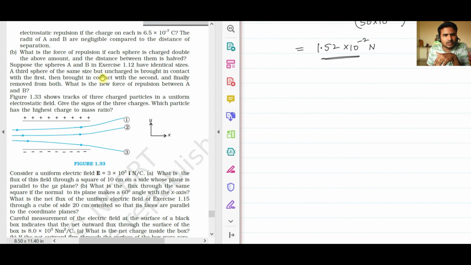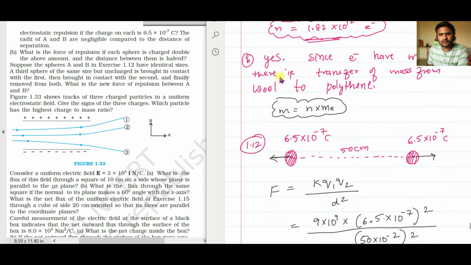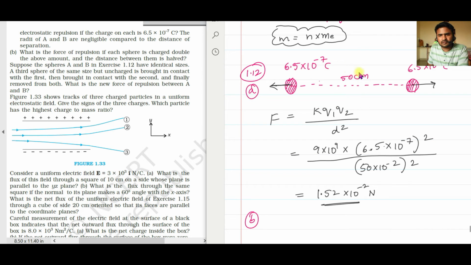Sub-question B is, what is the force of repulsion if each sphere is charged double the above amount and the distance between them is halved? Let us say this distance is d initially and this charge is q.